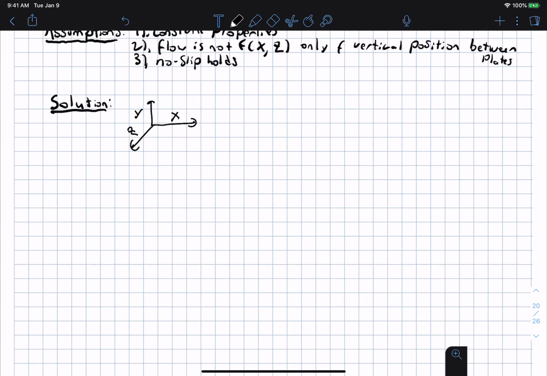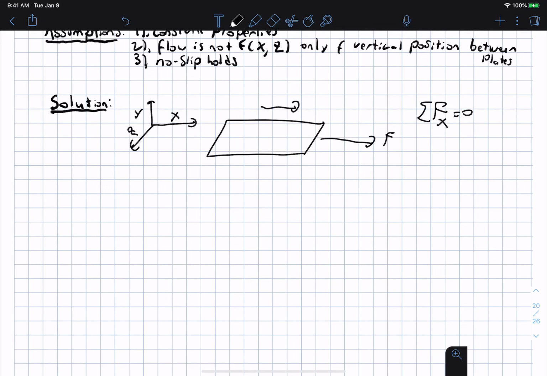We know that we have a plate on the top, and we're applying some force to that plate, because the plate is moving this way. And we know that it's not accelerating, so that means the sum of F in the x direction equals 0 on the top plate.